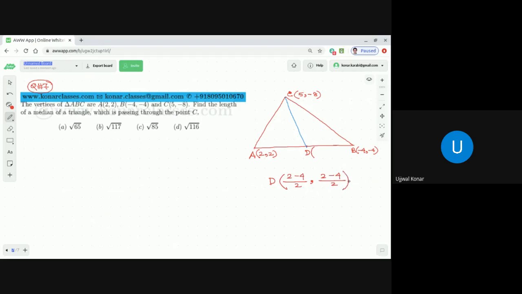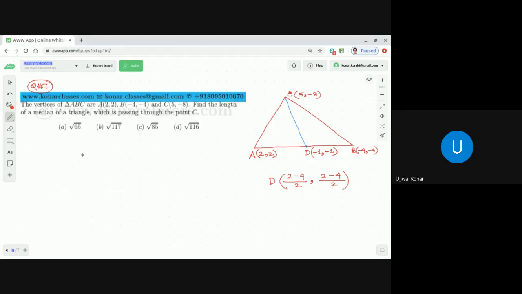So 2 minus 4 by 2 and 2 minus 4 by 2 is -1, -1. Correct, dear students? So we get the coordinates of the point D as -1, -1. And all we need is to find the value of CD.